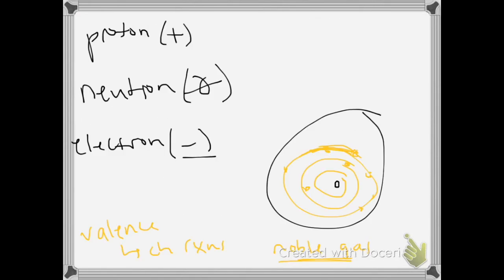So the charges are going to depend on valence electrons. So let me get my valence picture up. Here for sodium, in its valence shell, it has one electron.